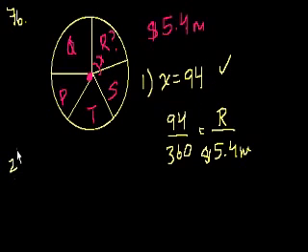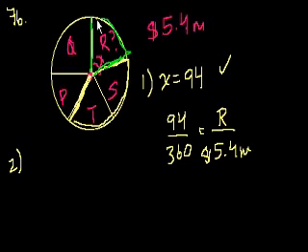Let's see what they give us for statement number 2. The total expenses for divisions S and T are twice as much as the expenses for division R. So they're saying that this right here is twice as much as what we're trying to figure out, this right here.